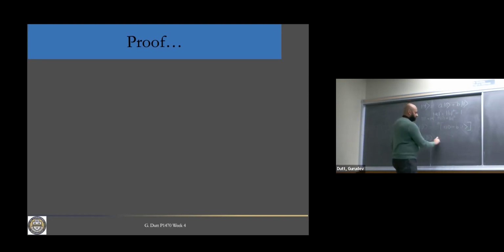What I need to do is rewrite psi in terms of plus and minus states, which I will do by substituting for 0 and 1: a times (|+> + |->)/√2, plus b times (|+> - |->)/√2.